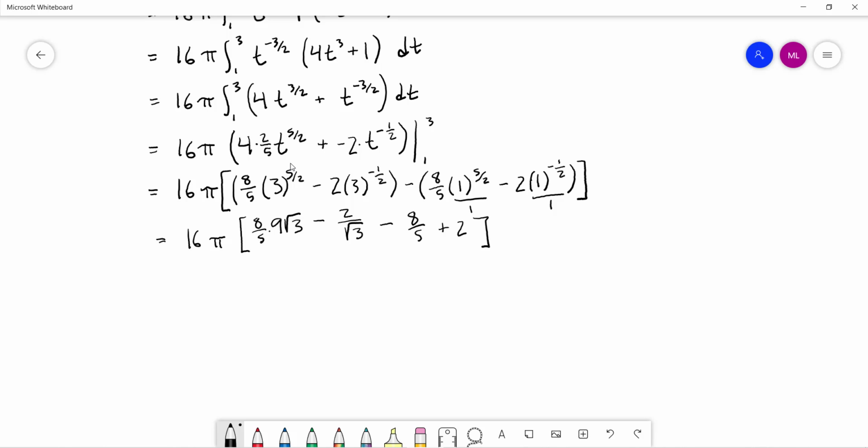All right, so this is our big ugly thing, so I've got to find a common denominator. These both have 5s. Got our 9 root 3. Common denominator, we can just make it 15, I guess. And we could rationalize this one and write it as root 3 over 3. We can make the denominator be 15, and again, this is hopefully not wasting your time too much. If you want, just fast forward until we get the answer here.